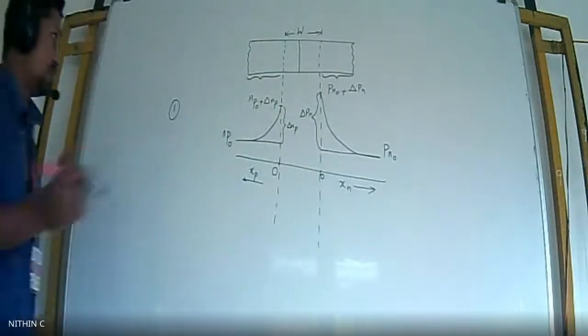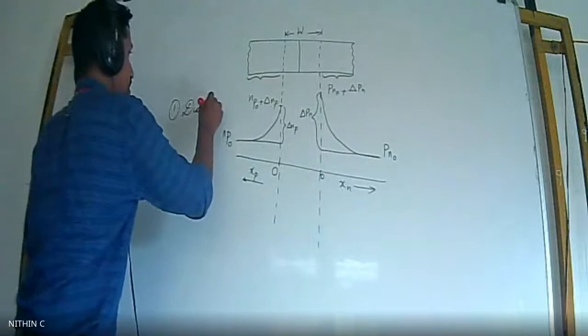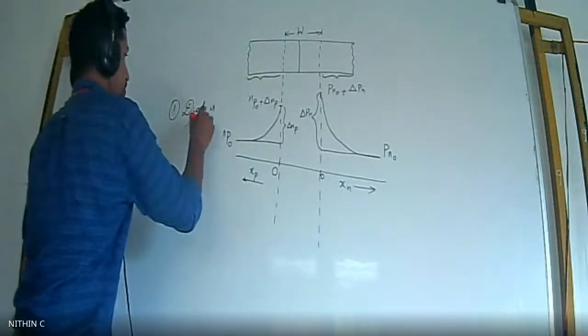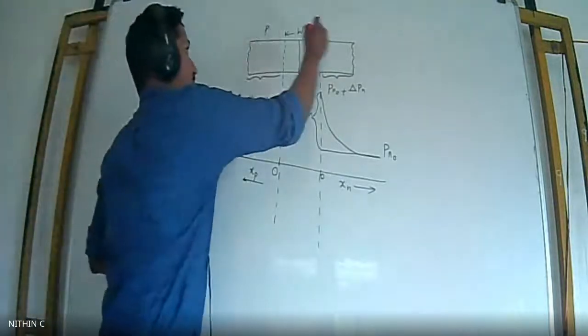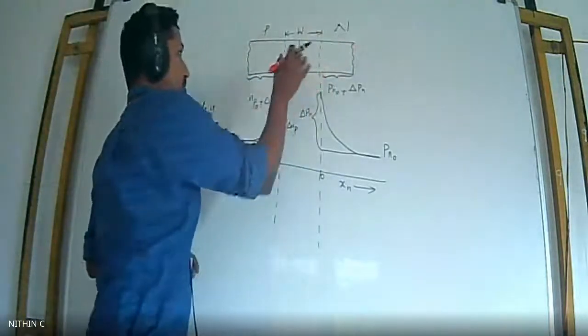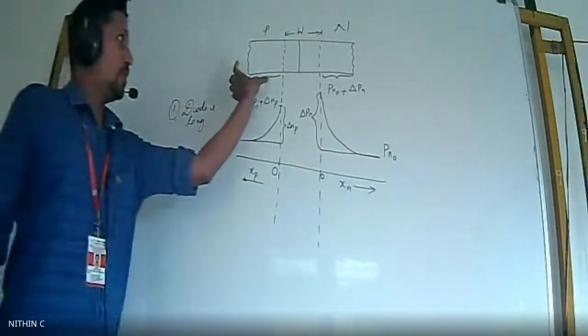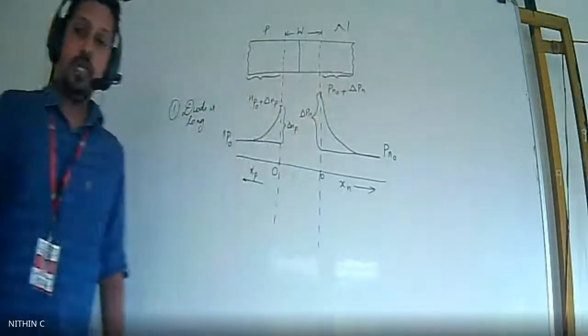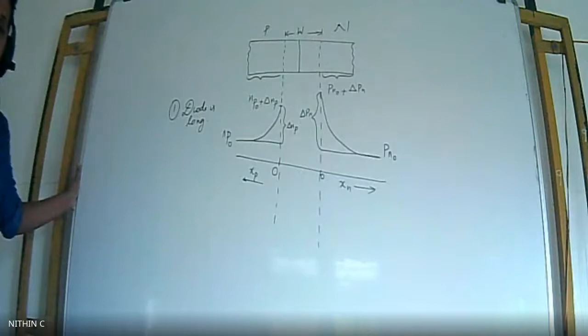Okay, that is the first approximation or assumption: the diode is long. That is, the length of neutral N and P regions. This is the neutral P region and this is the N region, and this portion is the depletion layer width. So the length of this neutral P region and N region is very large when compared to the minority carrier diffusion length. That is the first assumption that we take before the derivation.